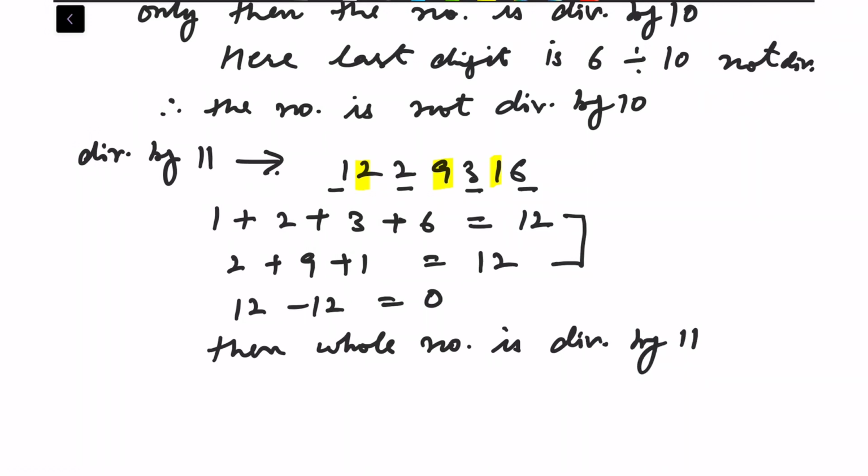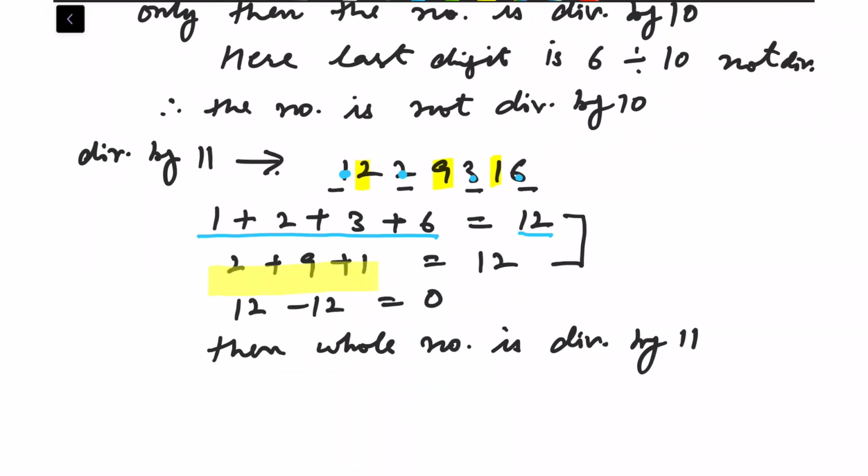I am going to tell you again. Divisibility by 11. We have to take the digits which are at odd places, as these are 1, 2, 3 and 6. We have taken these digits here and add, we get 12. Again, we will take the digits which are at even places, as 2, 9 plus 1.